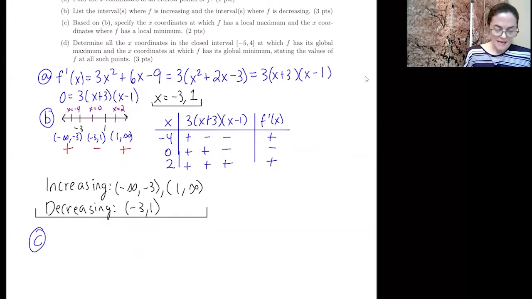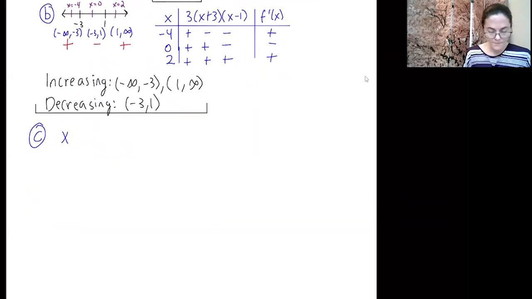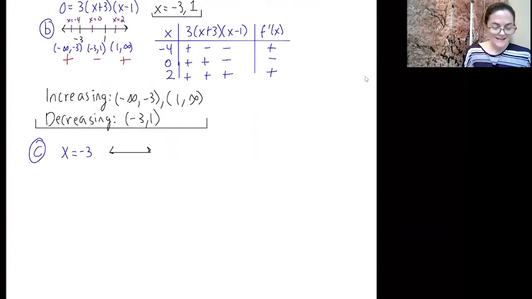Okay, wonderful. So we know that a local max or a local min must occur at the critical points. And so I just use part B, and what does it look like for x equals minus 3? I will draw a little number line just for this. If here is minus 3, we found on this side it's plus, on this side it's minus.